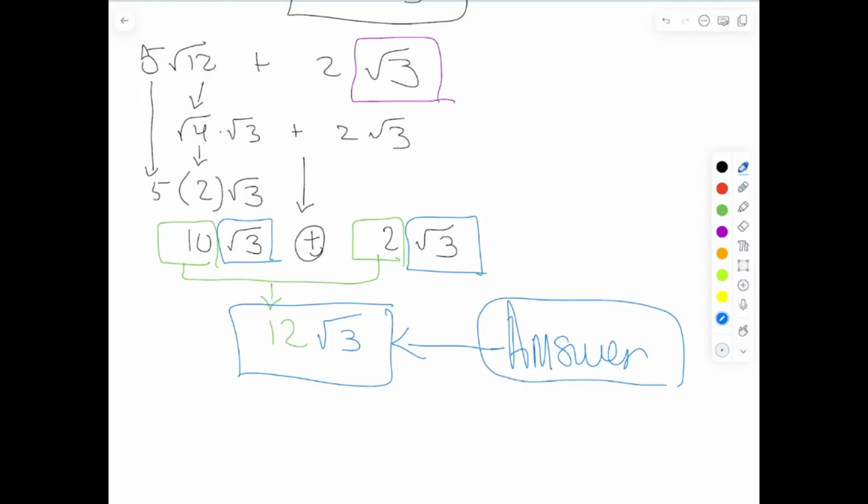What is +1 times square root of 5, then times -1? So what is 1 times square root of 5?